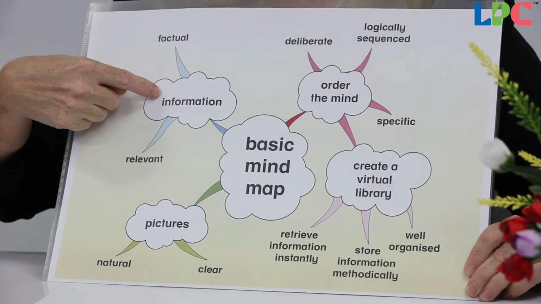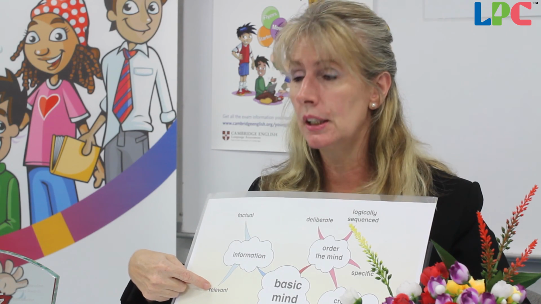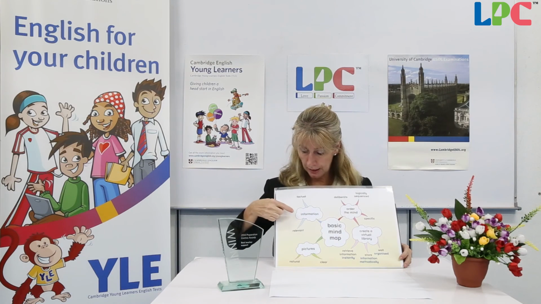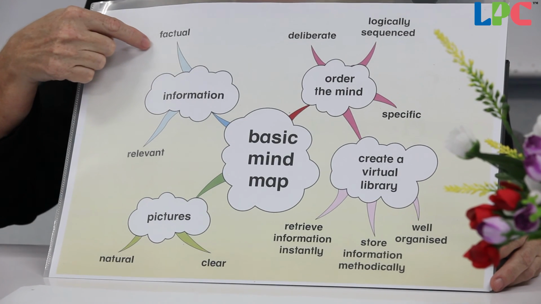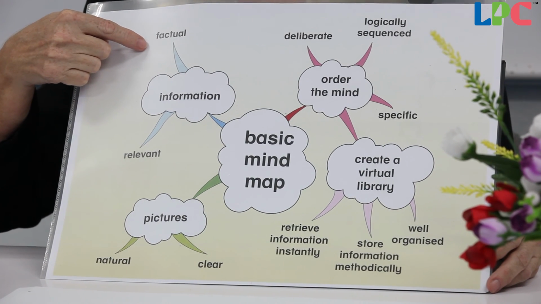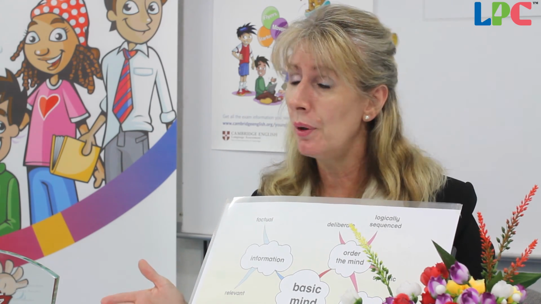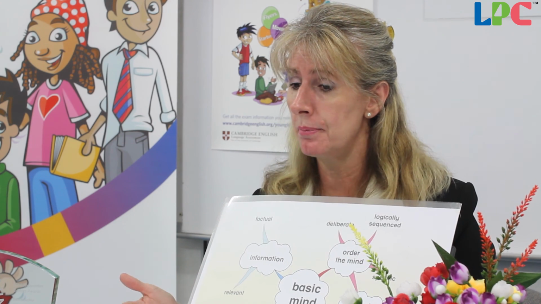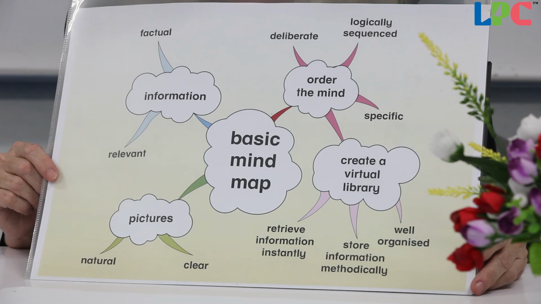The information in the mind map is always relevant to the grammatical structures and the vocabulary being taught. And the information contained in our mind maps is always factual. Young children find it difficult to differentiate between fantasy and reality, and therefore it's our duty to introduce them to concrete facts before approaching abstract.